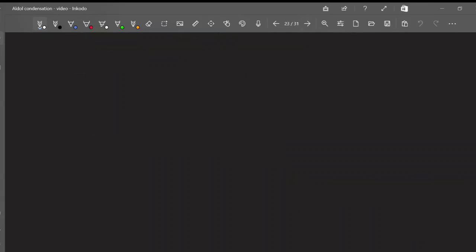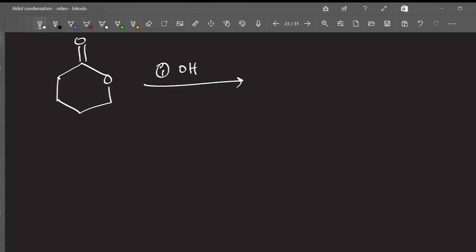Superb. Next, another one. Let us take lactones. We'll take a cyclic ester and then perform the same reaction. Come on, you try to do it. Same, nothing different here.